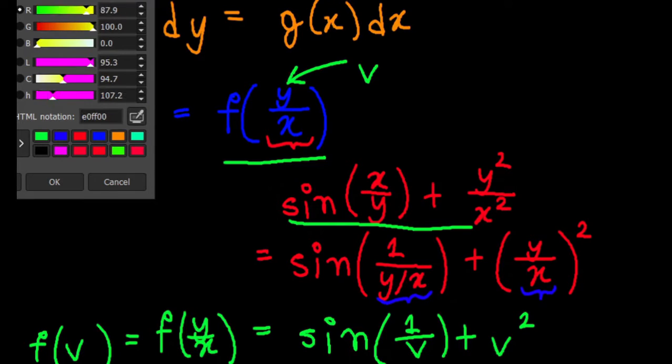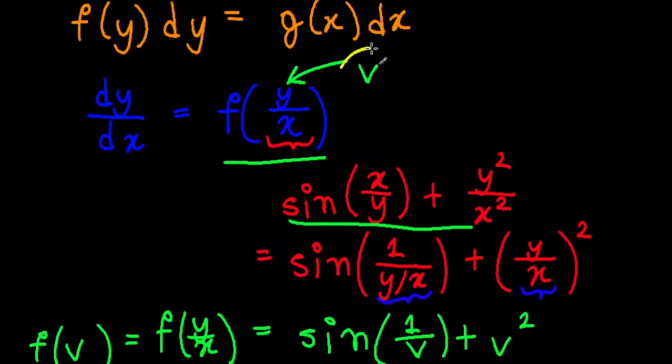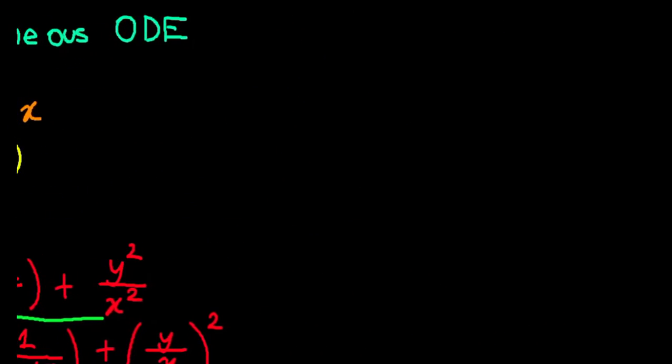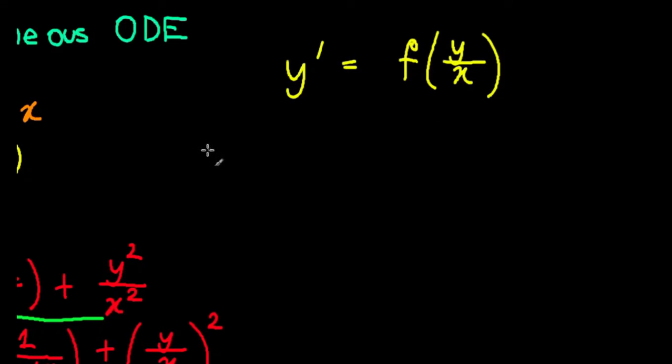And for that, this is in fact the substitution that we're going to need. So suppose we have our differential equation in this form: y prime is equal to some function of y by x, and I make the substitution v equals y by x.